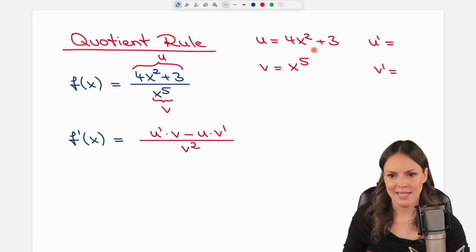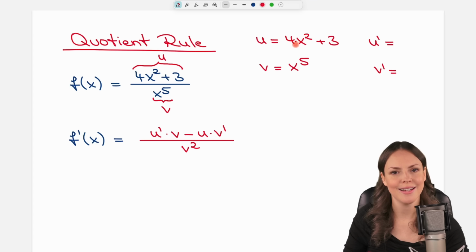Let's differentiate this. We have 4 times, so the 4 times stays. Here we take the exponent, the 2, and decrease the exponent by 1. We get a 1 as a result, or we don't have to write it down.